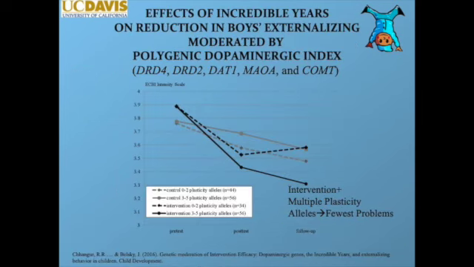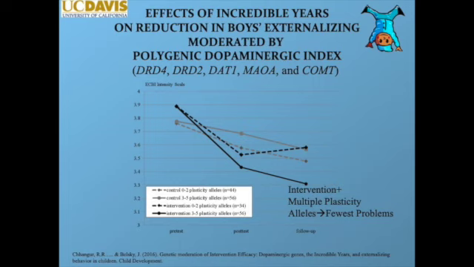Some of you heard Carolyn Webster-Stratton talk yesterday about her wonderful, well-tested, well-developed, thoughtfully revised Incredible Years intervention program. We asked in some Dutch data whether that program differentially affected boys as a function of their polygenetic makeup, using 5 different polymorphic genetic candidates available in the data set, selected on an a priori basis.